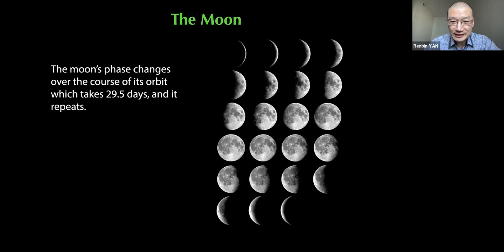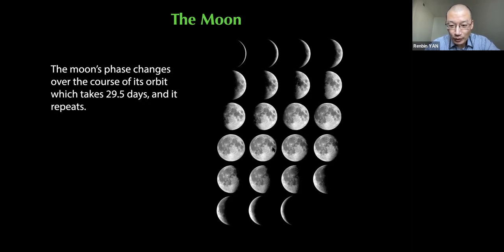Let's just say that we start with the silver lining on the right-hand side, and then you see this part gets bigger and bigger until it becomes roughly half. In this picture, it's exactly one half of the moon that is bright and one half is dark.